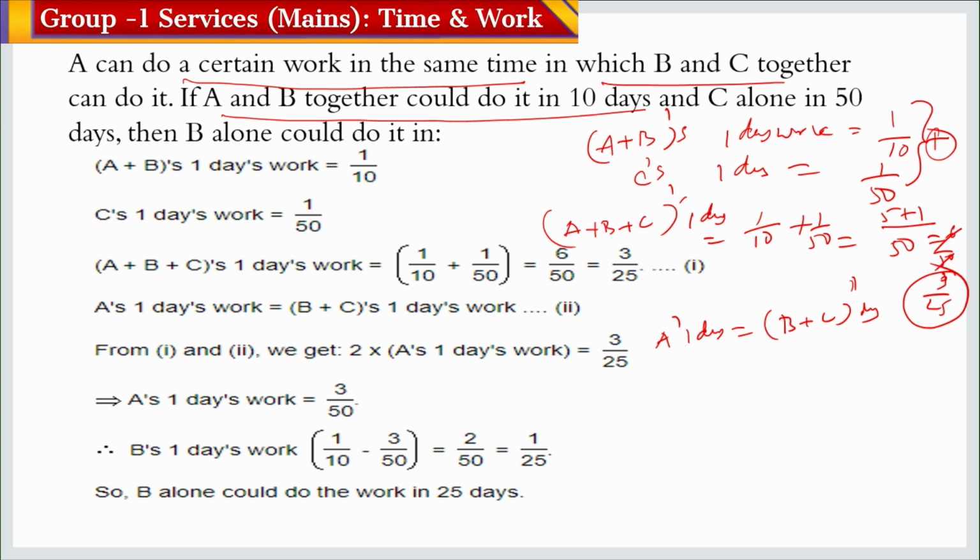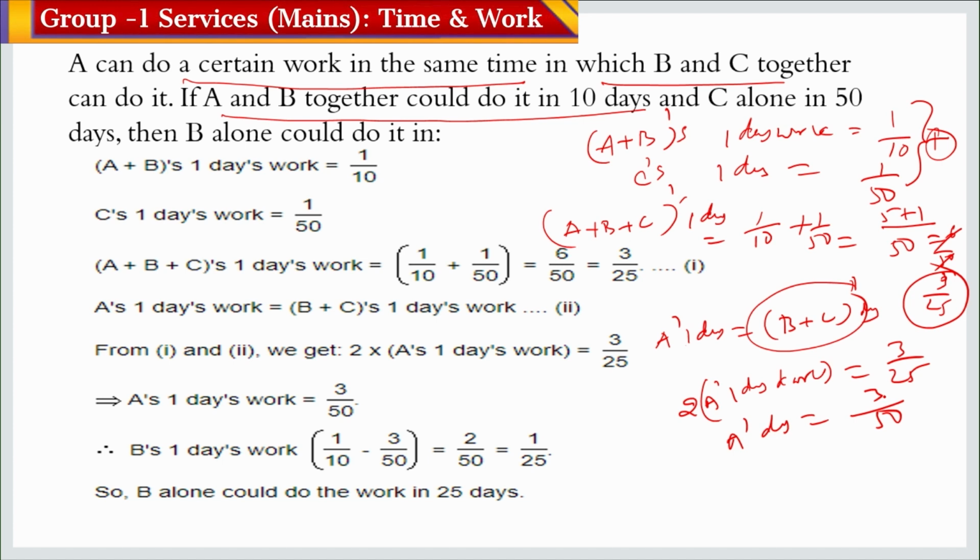So then in place of B plus C, you can say A, means A plus A, 2A, means 2 times A's 1 day work is equal to 3/25. Or A's 1 day work is how much? 3/25 into 1/2, 3/50.